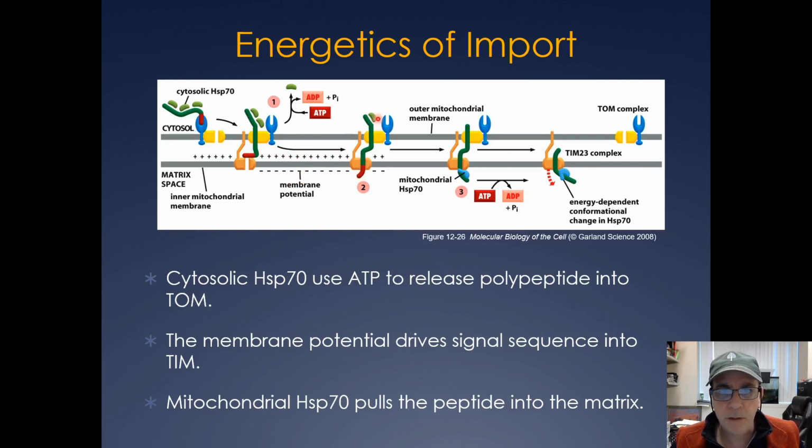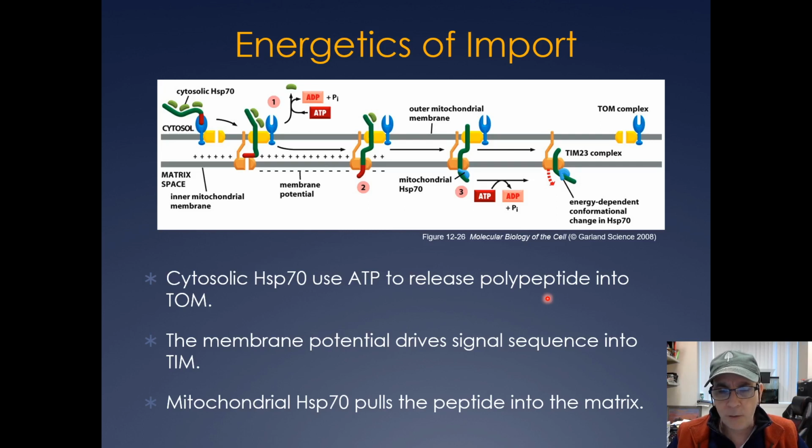Meanwhile, you still have the cytosolic HSP70 proteins threading the protein through the TOM complex. Once it's in the TIM complex, the signal sequence will be cleaved, and then the mitochondrial HSP70 proteins, also ATPases, will grab hold of it and ratchet it in, not too dissimilar from what we saw with BiP in the endoplasmic reticulum, as well as in bacterial translocation with the SecYEG complex.